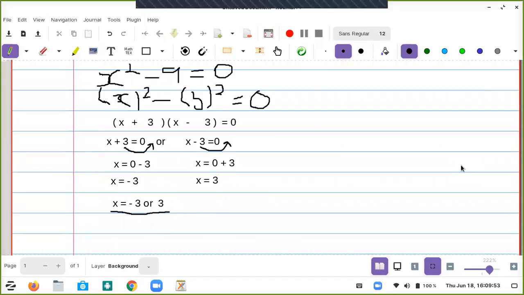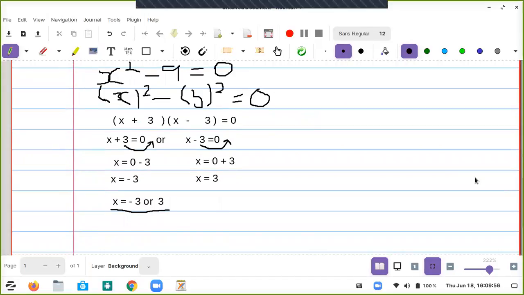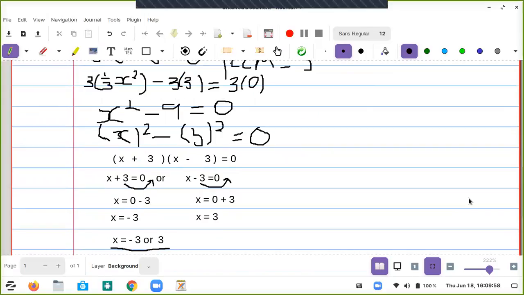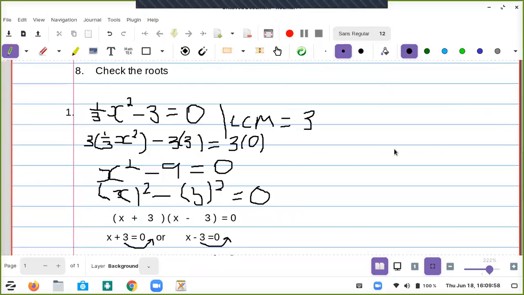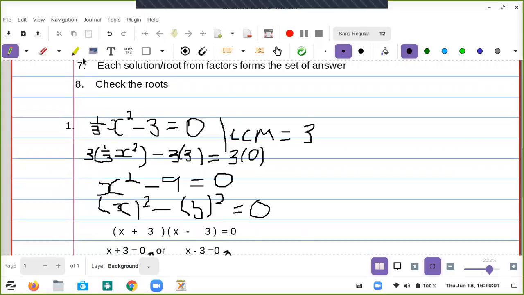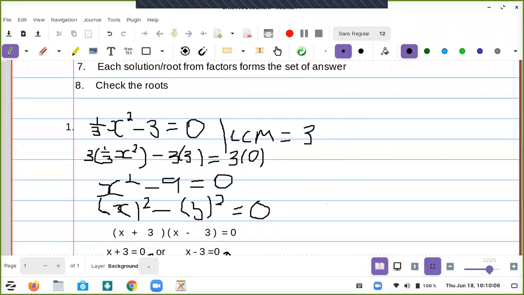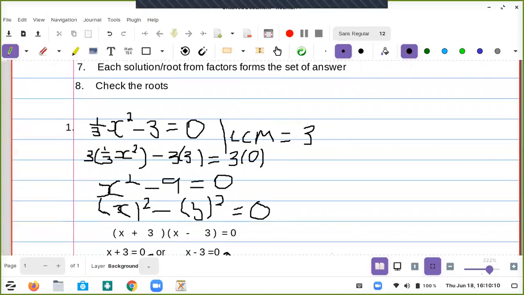So let me do it side by side here. Right, number 2.